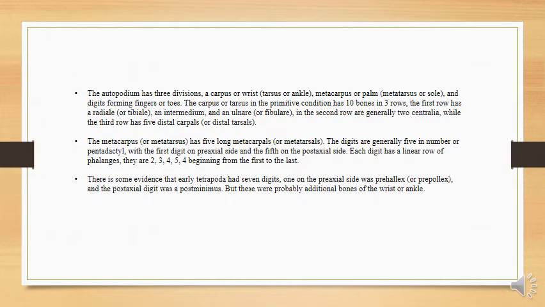There is some evidence that early tetrapoda had 7 digits. One on the preaxial side was prehallux and the postaxial digit was a postminimus, but these were probably additional bones of the wrist or ankle.